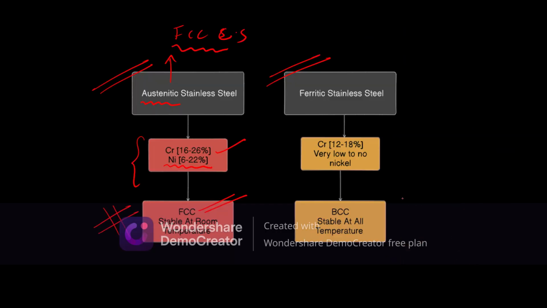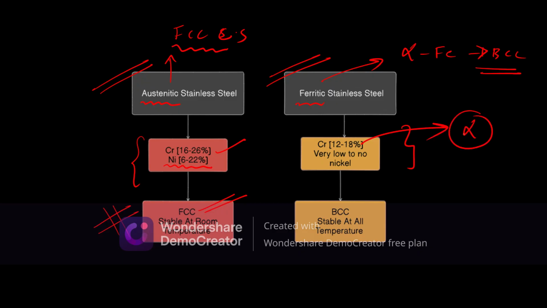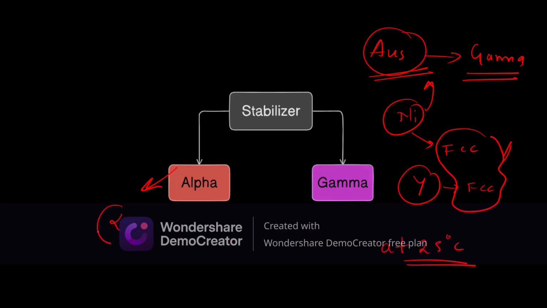Similarly, in ferritic stainless steel, the name itself says ferritic means alpha iron, which is a BCC crystal structure, and the composition is here. Chromium is around 12 to 18%, and nickel is either present or not. So very low to no nickel, and BCC is stable at all temperatures. To stabilize this ferritic stainless steel at all temperatures, we add chromium, and chromium acts as an alpha stabilizer.